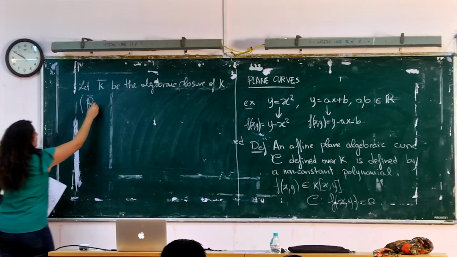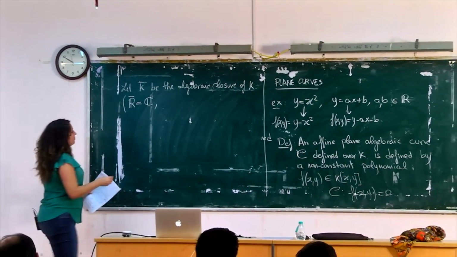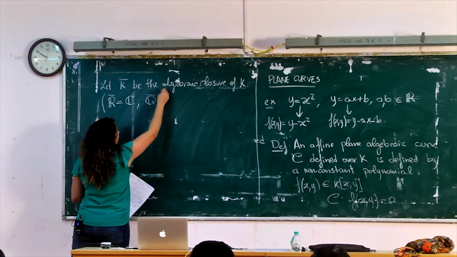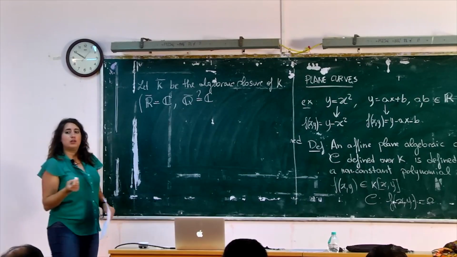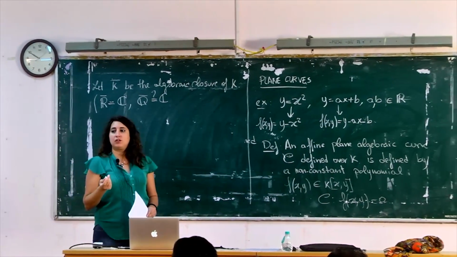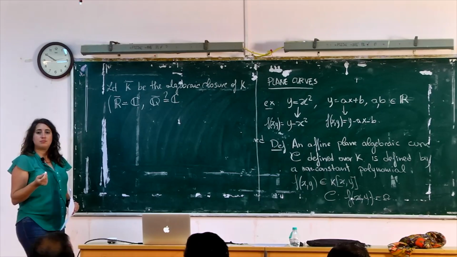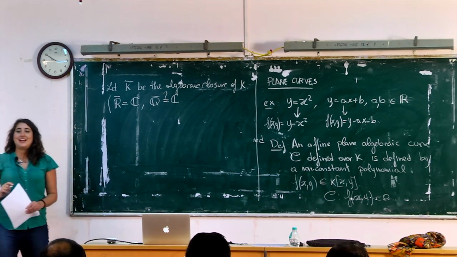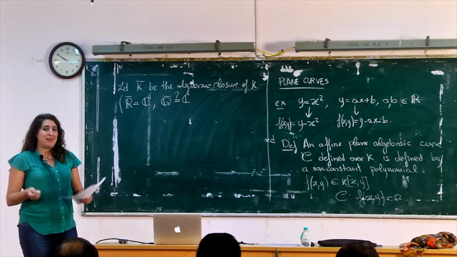C. Is it true that the algebraic closure of Q is equal also to C? Why not? Is there an element that is in C but not in the algebraic closure? Which is this element or those elements?